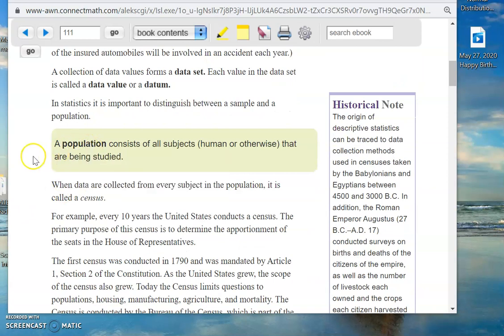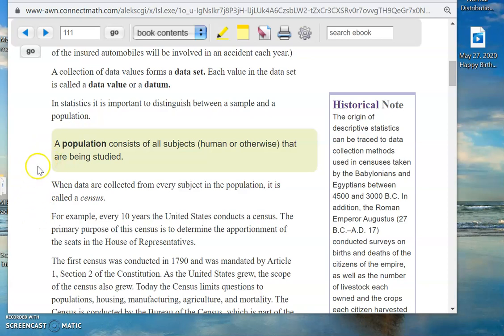Okay, what's a population? You've heard of the word population. A population is the set of all of the subjects, whether it's a human being or something else, some sort of scientific situation.